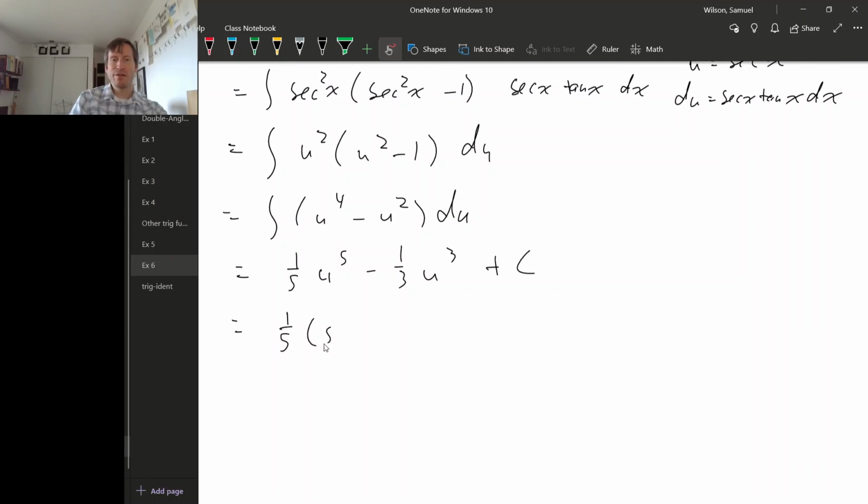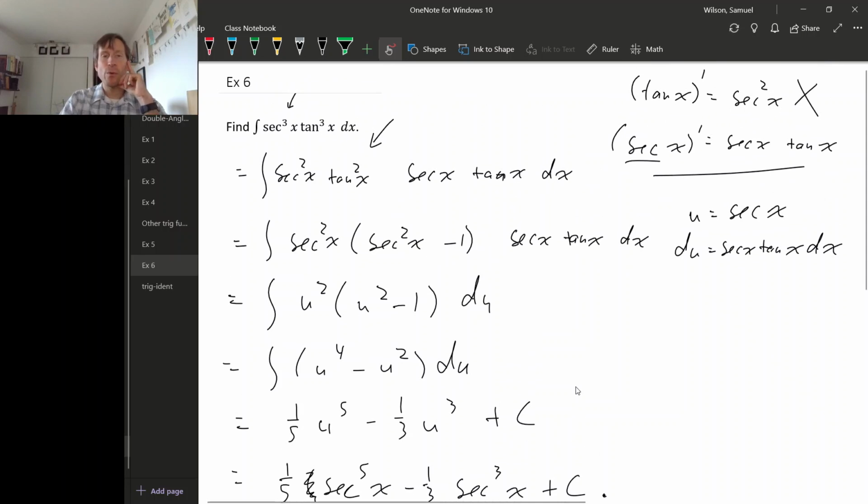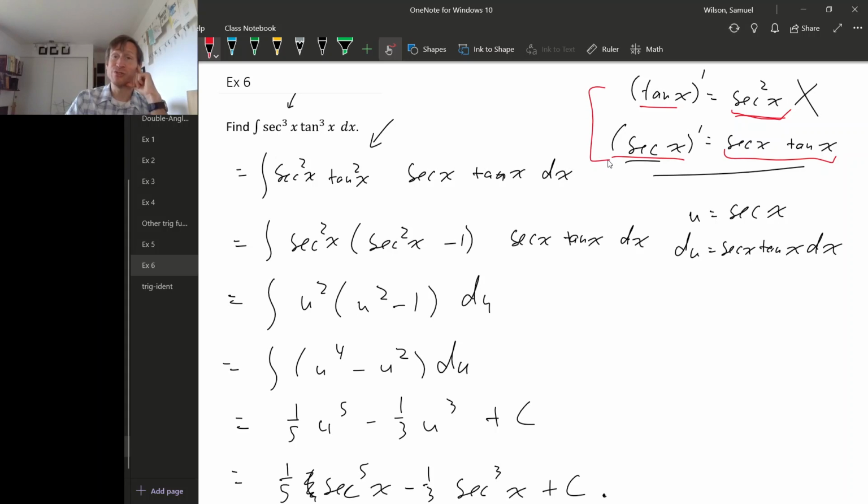So 1/5 secant to the 5th x minus 1/3 secant cubed x plus a constant. All right, and there we go. If you can set aside some secants and tangents and have either secant squared left over with everything else tangents, or secant tangent left over with everything else secants, then you can do one of these u substitutions.